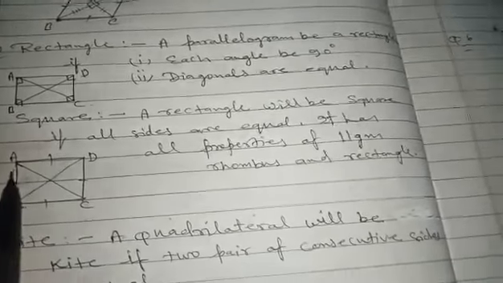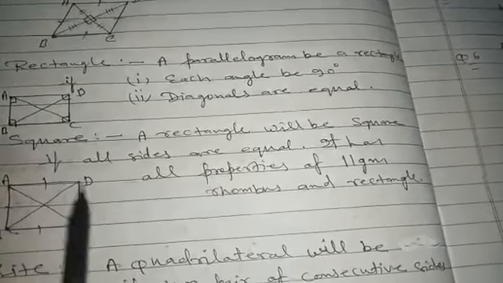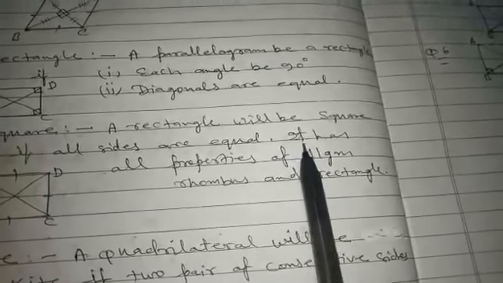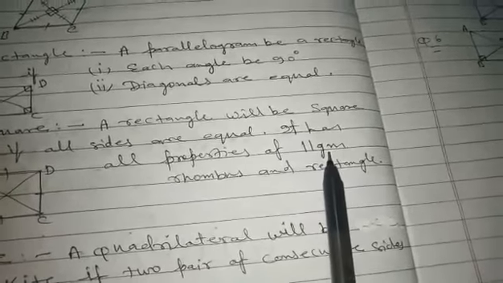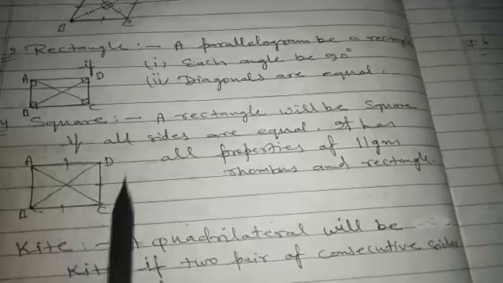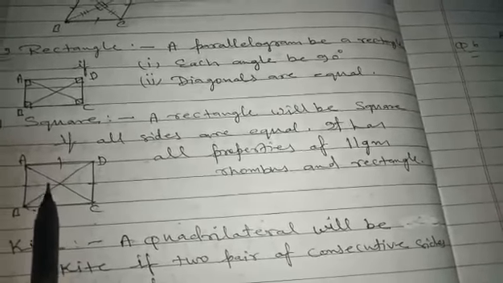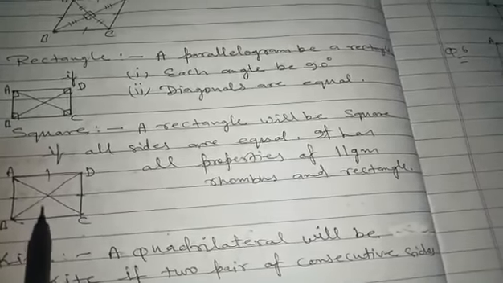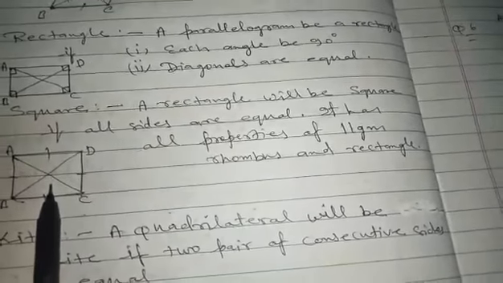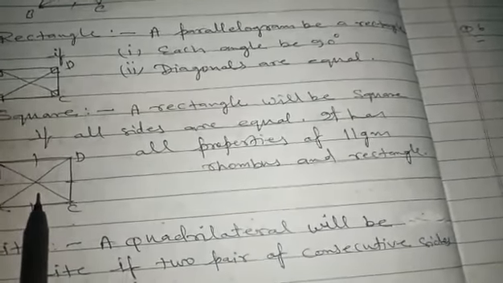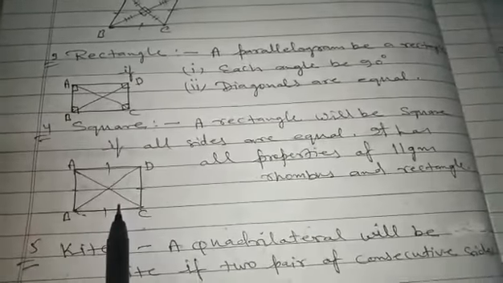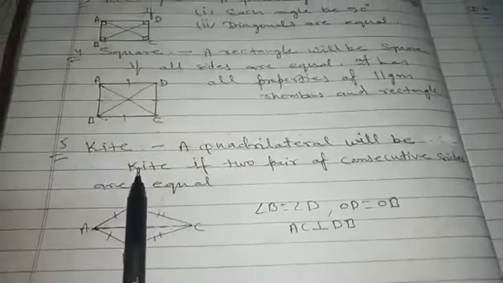ABCD is a square and we know that all squares are rectangles. So it has all properties of parallelogram, rhombus and rectangle. So a square is a parallelogram also, a rhombus also and a rectangle also. So it is clear.